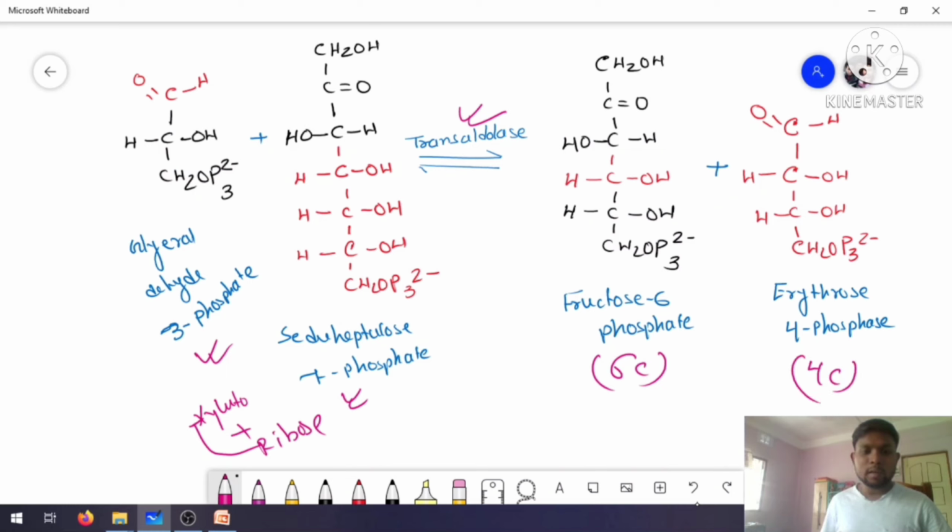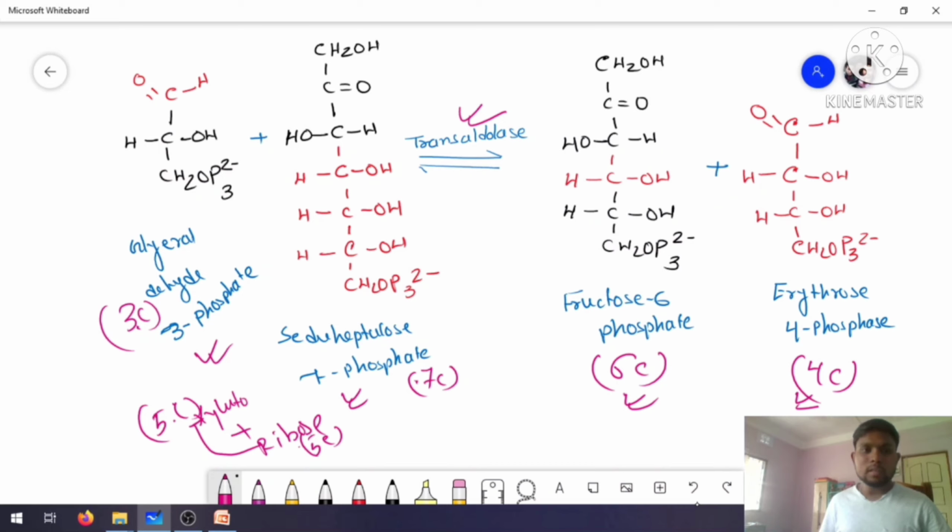In xylulose and ribose we had 5 carbon and 5 carbon compounds. These two 5 carbon compounds have given a 7 carbon compound and a 3 carbon compound. Now this 7 carbon compound and 3 carbon compound will rearrange and give a 6 carbon compound and a 4 carbon compound. And by the color code you can see how they have rearranged.